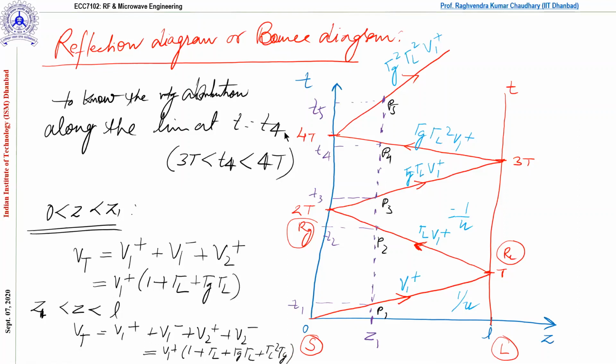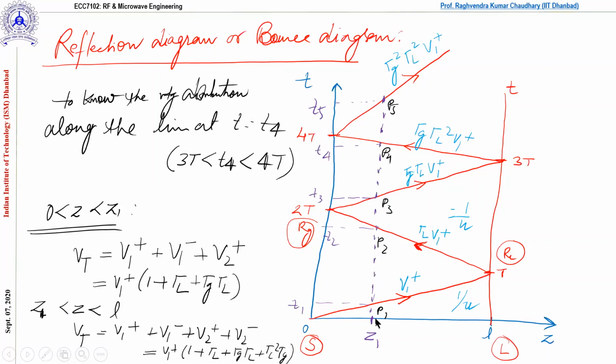Fine. Now here, on what basis have I written like that? If you look at this particular region between 0 to Z1, you will find that initially the wave is initiated from the source side and reaches T, then it is reflected back, fine, then again it reaches here at 3T, like that.